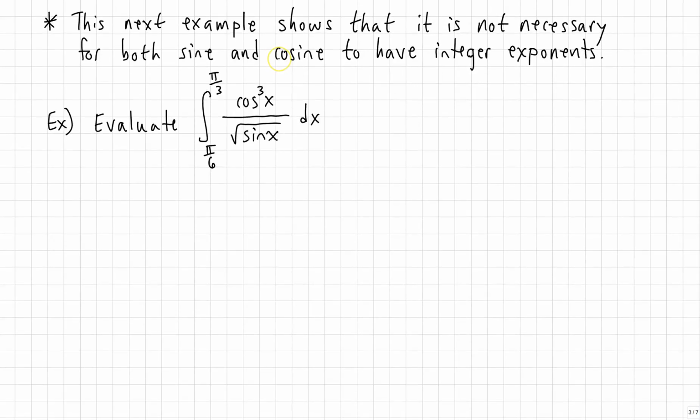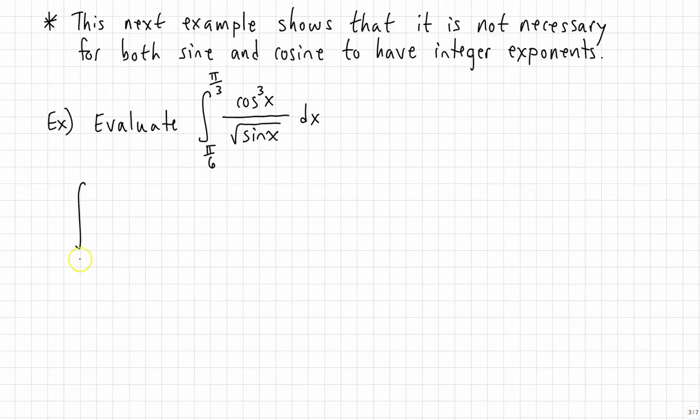So this next example shows that you don't have to have sine and cosine both raised to some integer power, and the same idea, or same method, can still help us out here.